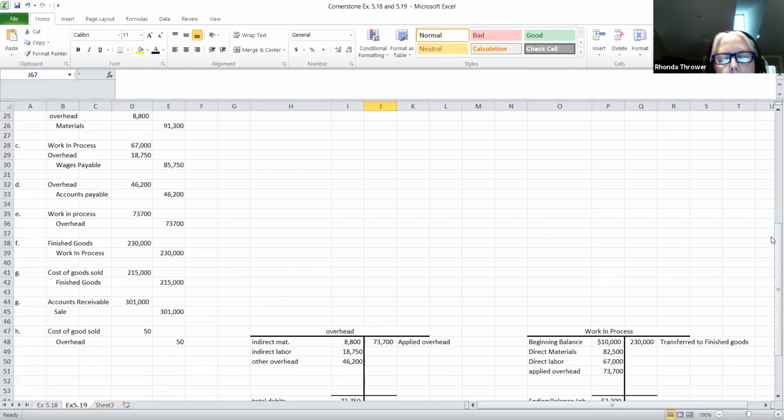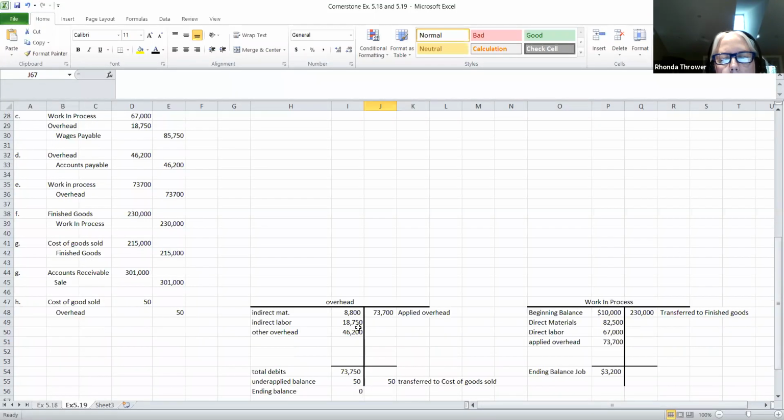Then I went ahead and added up my total debits, because you need to know what your total debits are and compare them to your total credits to see whether there was an overapplied balance or an underapplied balance. In this case, the actual amount of overhead that we recorded in the overhead account was more than what we estimated.